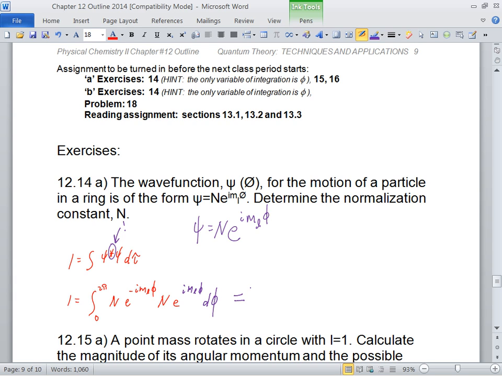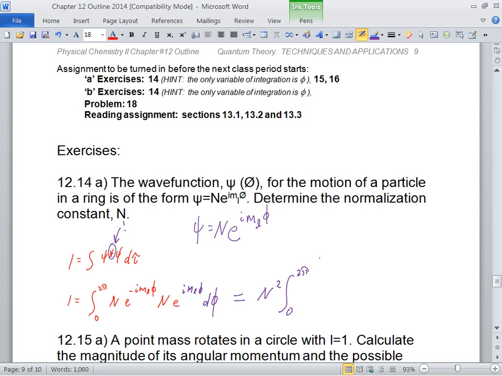Okay, Alyssa, now what? Pull out the N's. Good idea. N squared, the integral from 0 to 2 pi. And then, can you combine the e's?